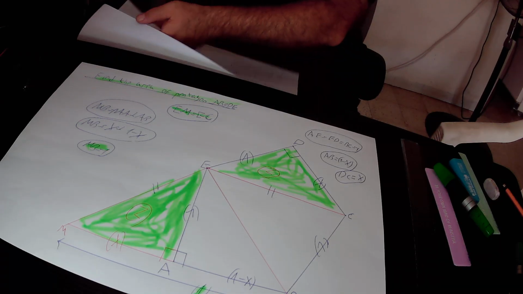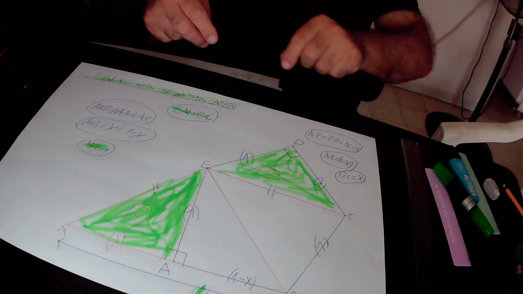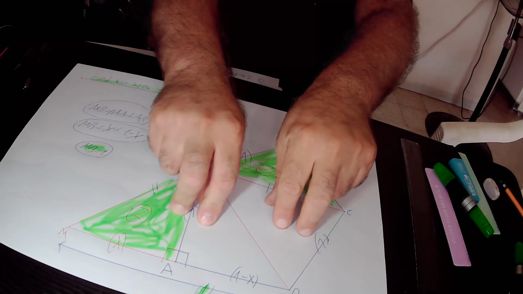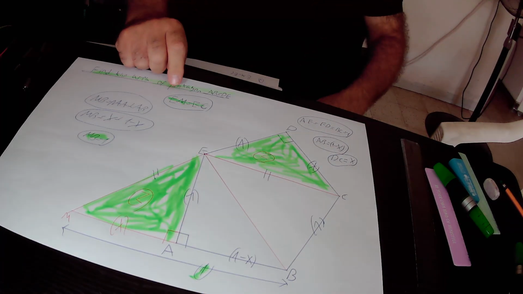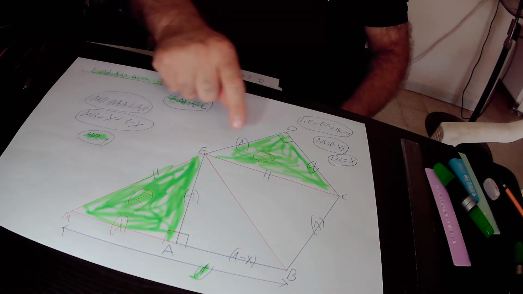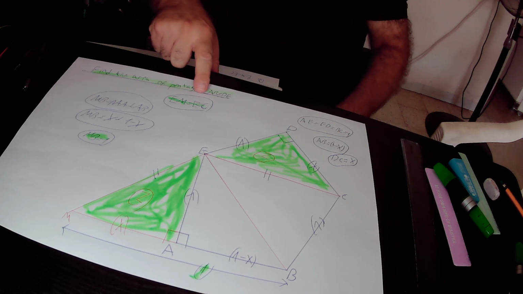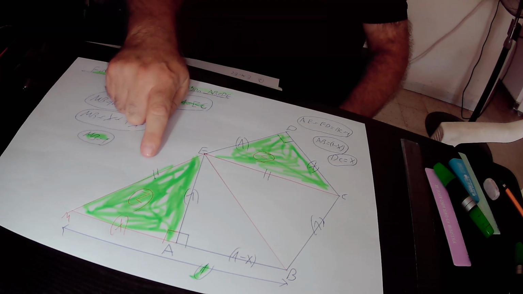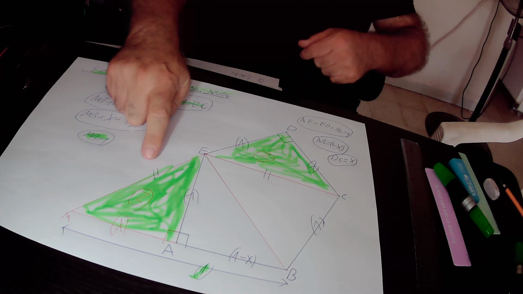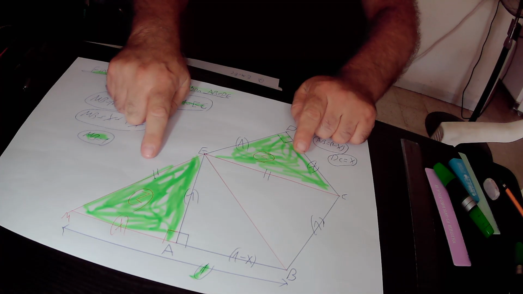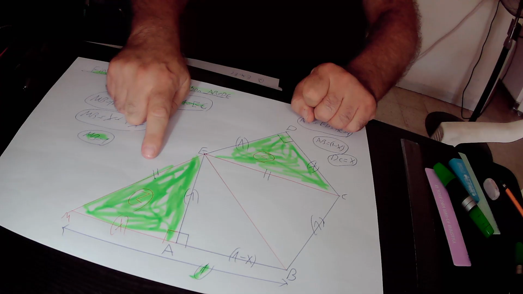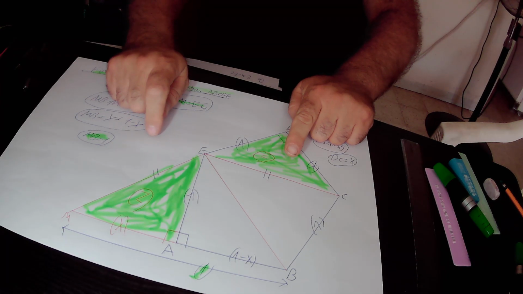So why can those two triangles go into each other? First of all, we write that EM equals EC. So side EM of the right triangle EMB is equal to side EC of triangle EBC.